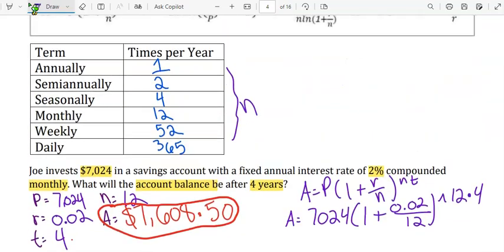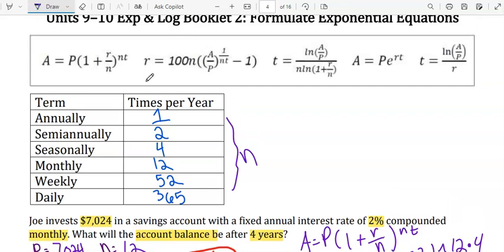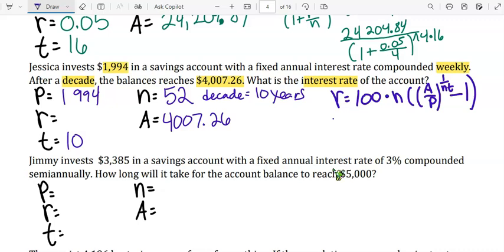So we look at our formulas up here. We want to use the one where R is solved for. We have times 100 because we're changing it to a percentage. Okay, write out the formula and then plug in each of the givens. 100 times 52, parentheses, 4,007.26, divide by 1,994, close parentheses, raised to the 1 over 52 times 10 power minus 1.